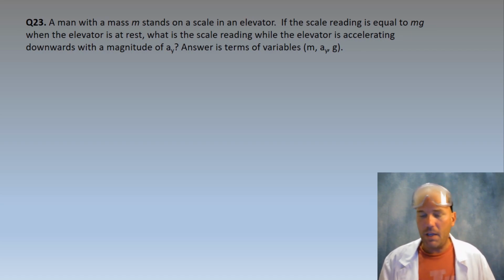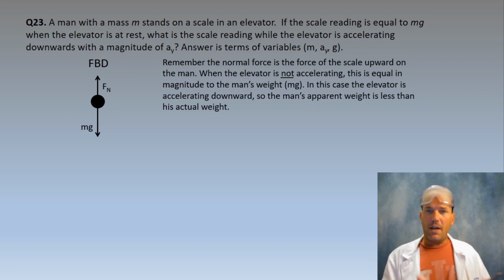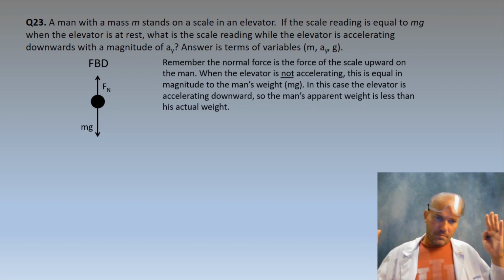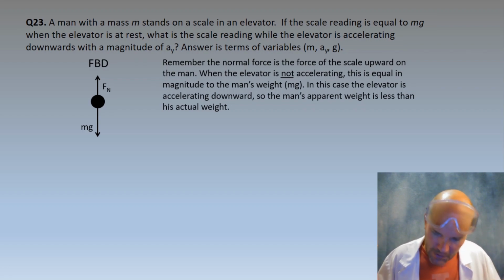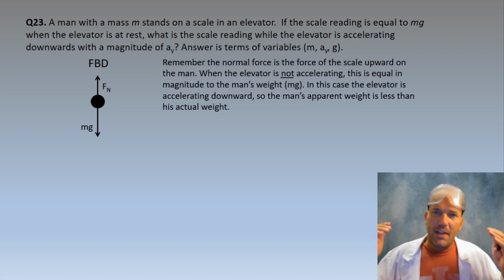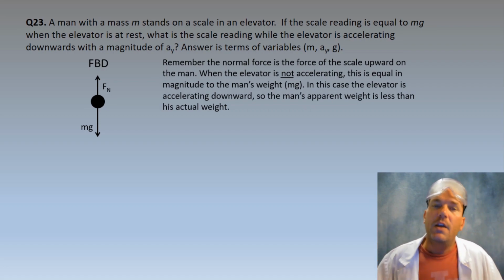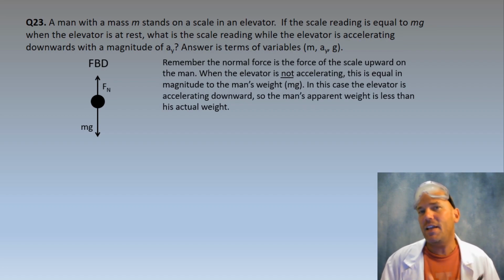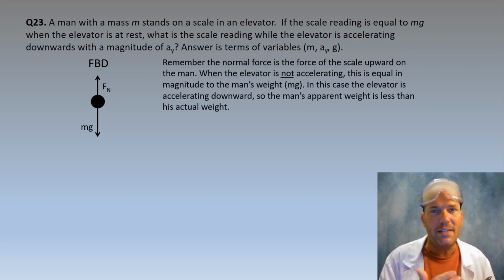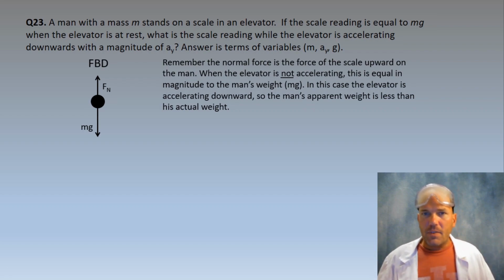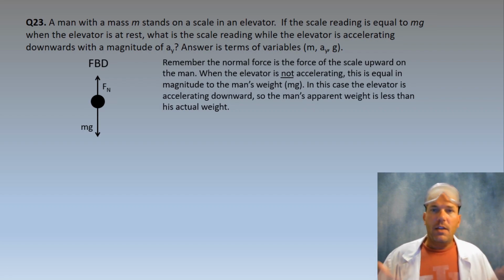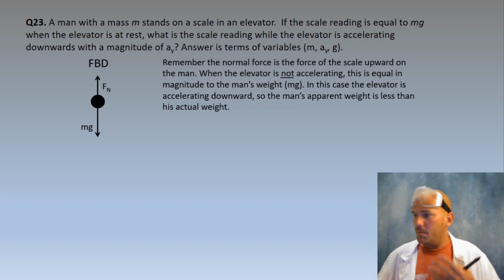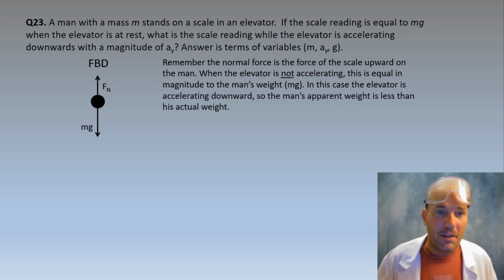Okay, so free body diagram first. What is the apparent weight? That is force normal. So force normal is going to be measured by the scale and give that apparent weight. Mass gravity, that's not changing. Okay, that's down toward the earth, and it is the product of the mass multiplied by the acceleration due to gravity.